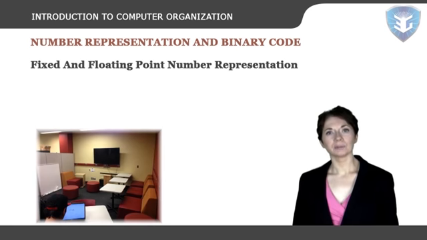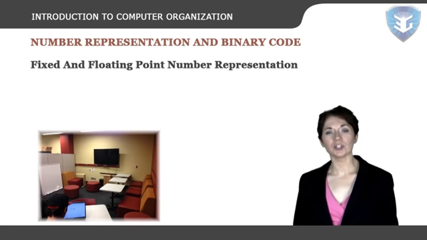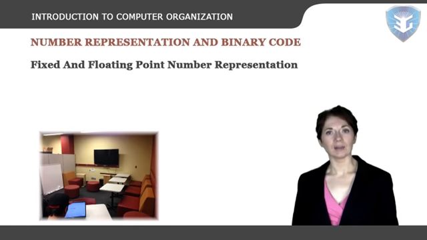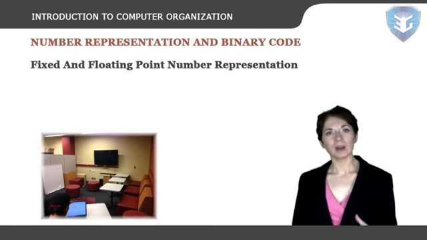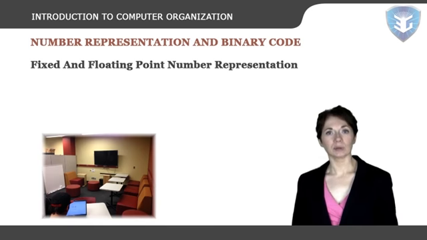For example, 118.625 is represented in scientific notation as 1.18625 times 10^2. The main benefit of this representation is that it provides varying degrees of precision based on the scale of the numbers that one is using.